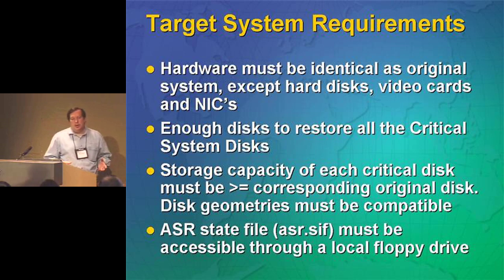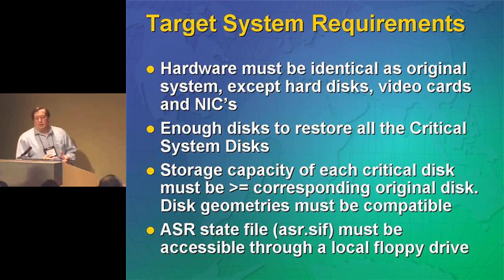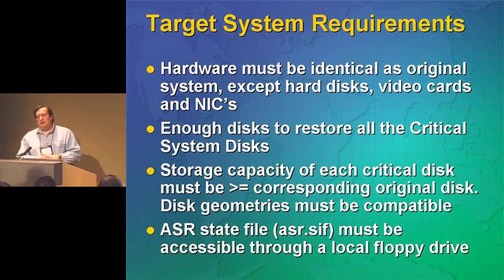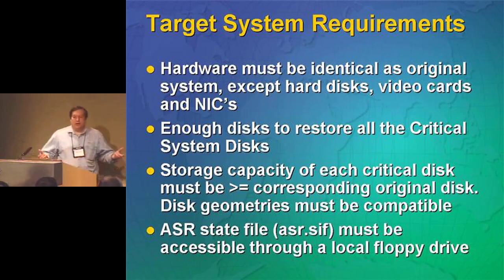But in general, we actually work very well across different machines. We work exceptionally well with video cards and NICs, because the intent is that these are the kind of things that are going to be replaced frequently. Video cards fall back to VGA mode whenever they're not recognized, and NICs just reinstall.